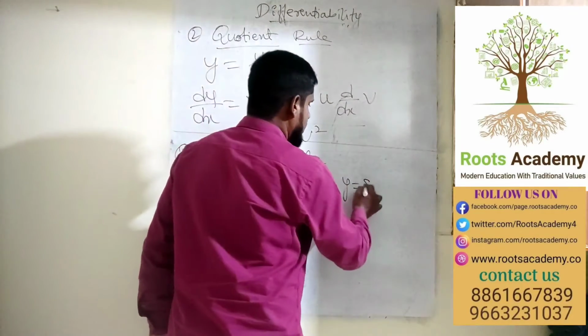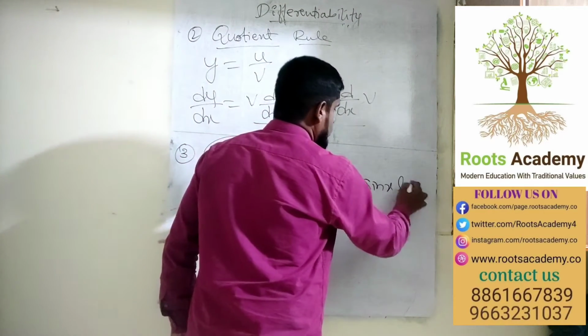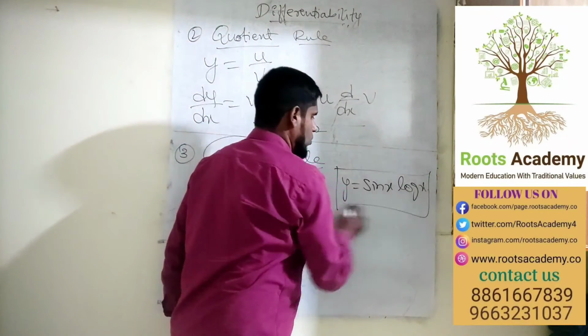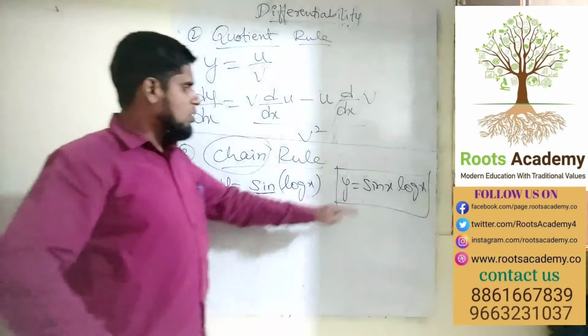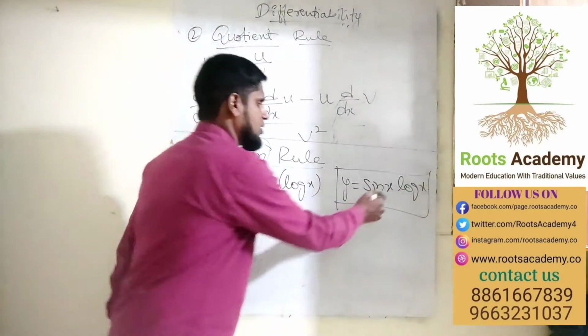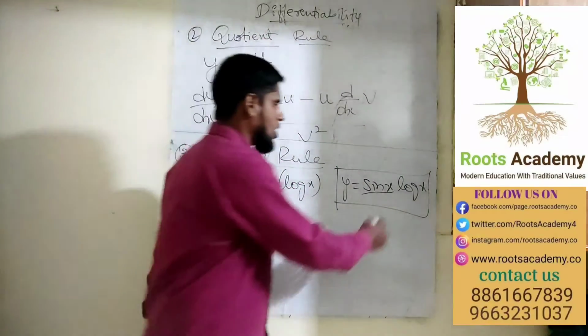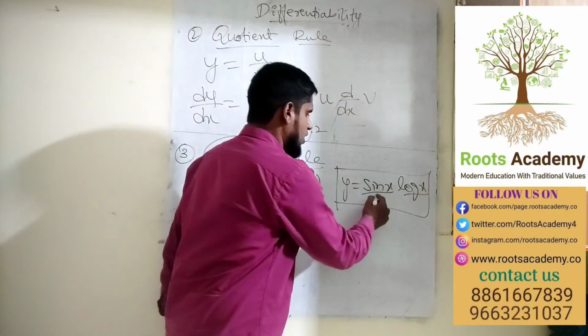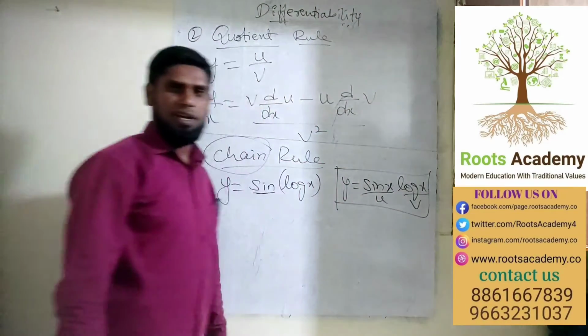Student, if we have it like this, sine x into log x, in this case we can use product rule because two complete functions are multiplied here. Sin x is a complete function and log x is another complete function. So in this case, we can call this u and this v.